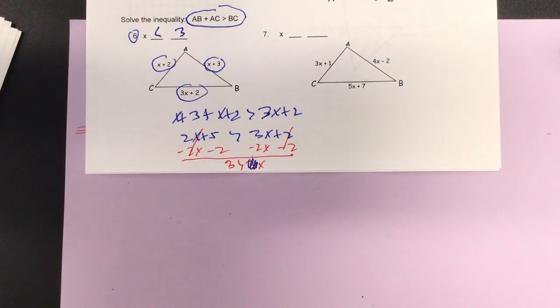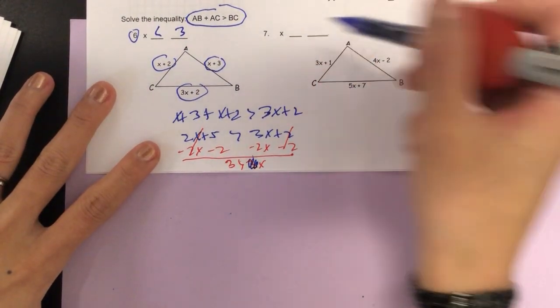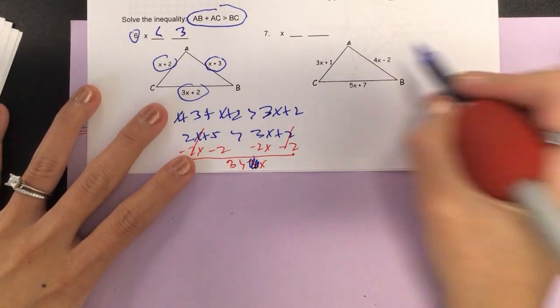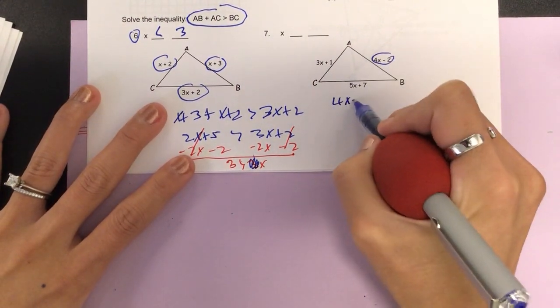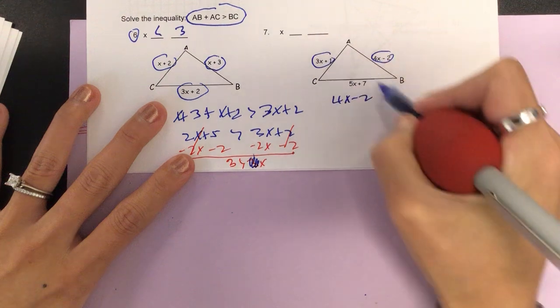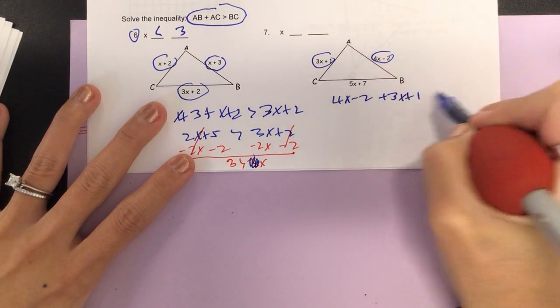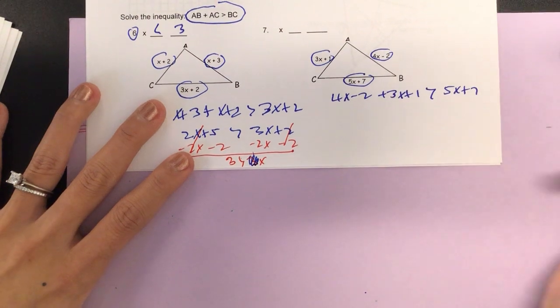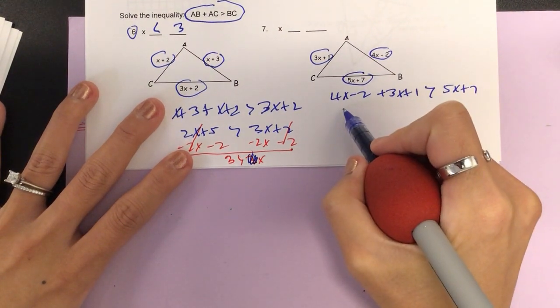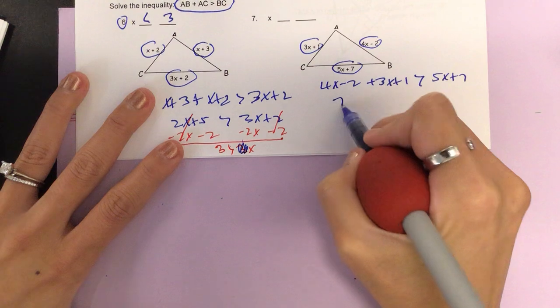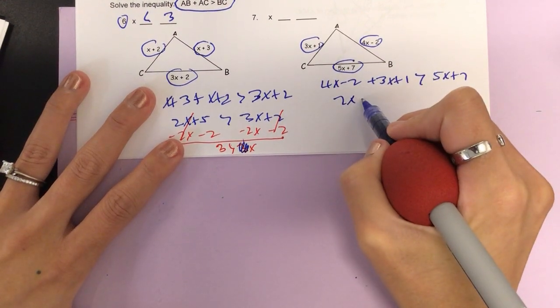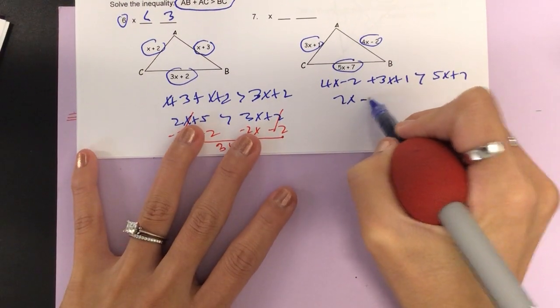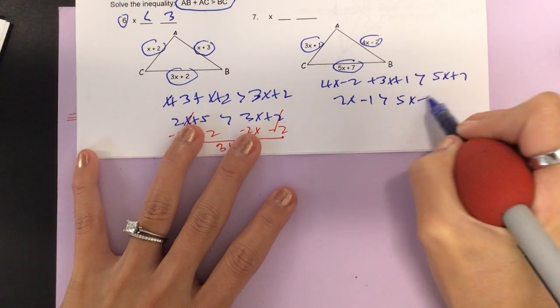Okay, on number 7, I gave you the inequality exactly like number 6. My AB is 4x minus 2. My AC is 3x plus 1, which must be greater than BC, which is 5x plus 7. When I combine like terms, how many x's on the left? 7x. How many constants? Minus 1. It's greater than. I'm going to keep that alone.